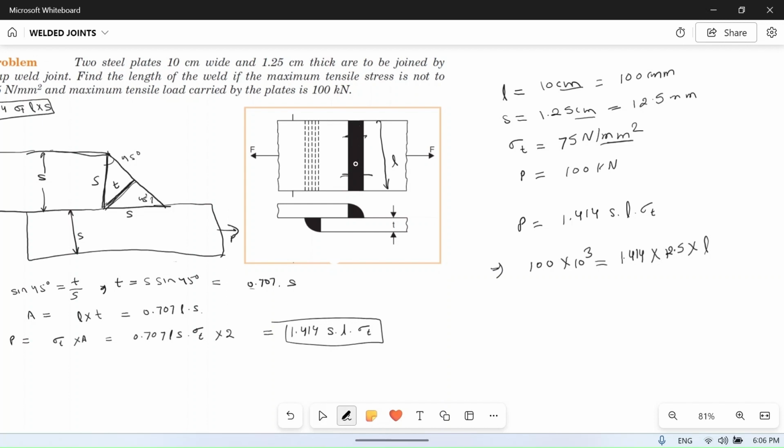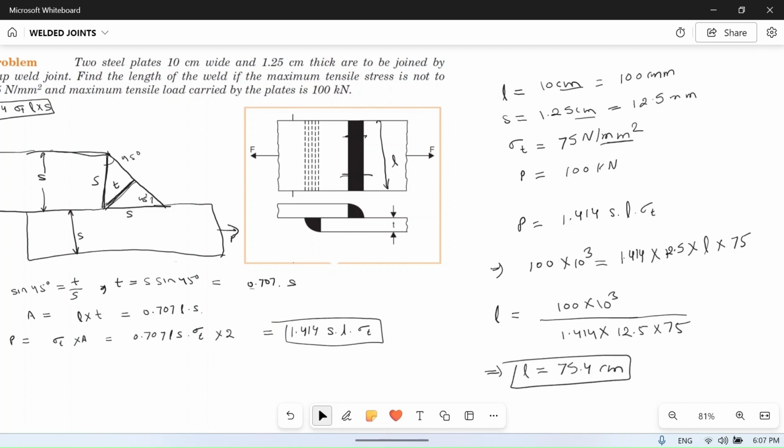We have to find the minimum length of welding to support this load, so we assume it is L. From here L is equal to 100 into 10 to the power 3 divided by 1.414 into 12.5 into 75. If you calculate, you will get L equal to 75.4 mm.